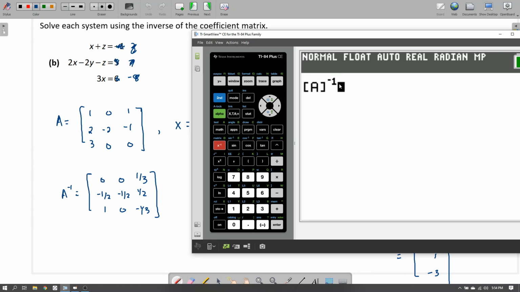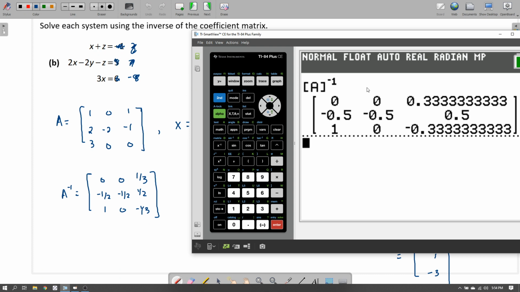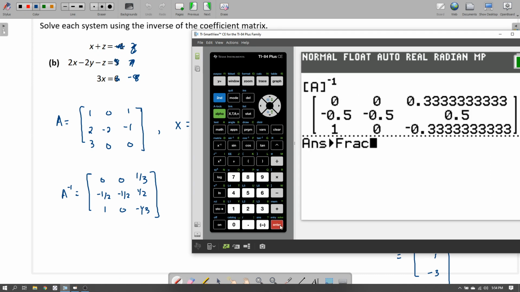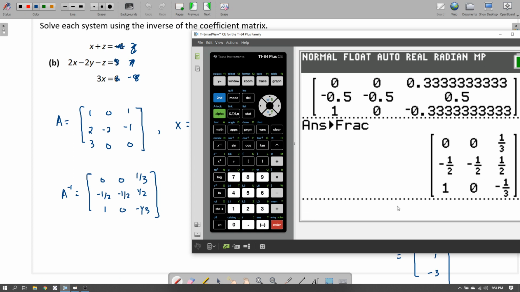So it will actually interpret this as a matrix inverse. If you hit enter on that, you're going to get it with decimals, but if you go to math and use convert to fraction, it'll take that matrix and spit it back out with fractions inside, as long as they're not too nasty for it to convert.